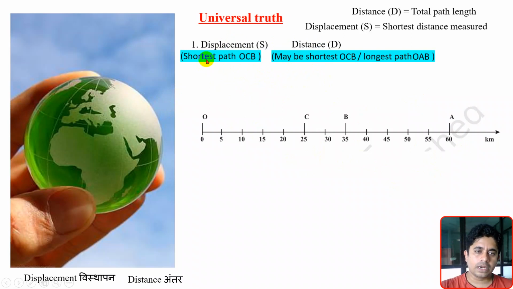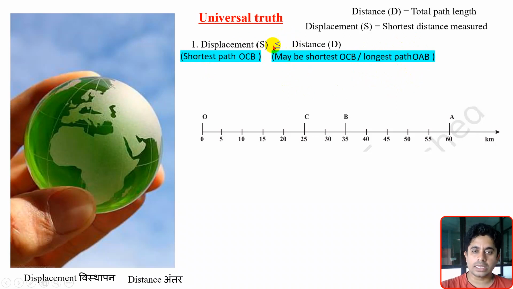But if I compare the shortest path OCB with the longest path OAB, is it possible that the shortest path is greater than the longest path? No. The shortest path will always be less than the longest path. So here in between I need to put the sign less than.